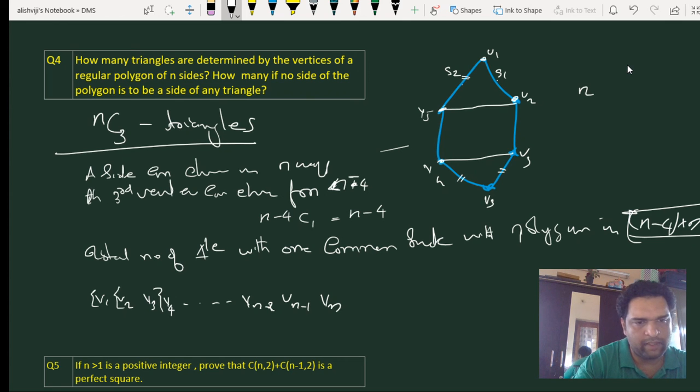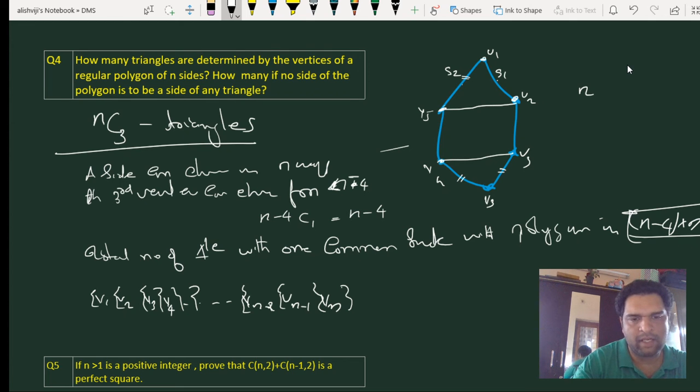Then V2, V3, V4 is another selection. V3, V4, V5 is another selection, and so on. Vn minus 2, Vn minus 1, Vn is a selection. Then Vn minus 1, Vn, V1 is another selection. Vn, V1, V2 is a selection.